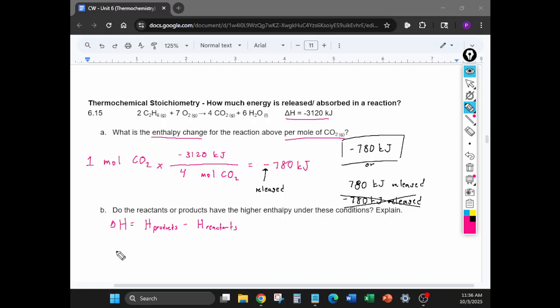And this is pretty simple. If you look at the delta H right here, it's a negative number, right? Which number has to be bigger in order for us to get a negative for the delta H? The reactants, because you're subtracting it. So here, it would be reactants. The H of the reactants is higher. And then you would use this equation to prove that.